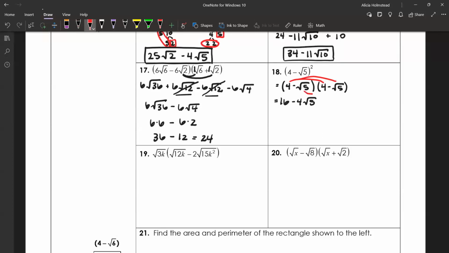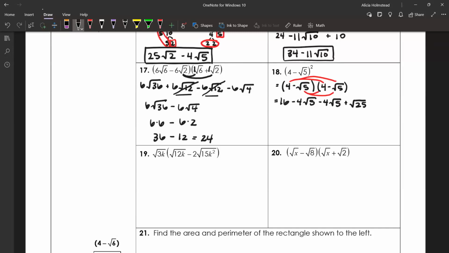And then we'll do negative square root of 5 times 4, which is going to be another negative 4 square root of 5. And then we'll do negative square root of 5 times negative square root of 5. Negative times negative is a positive. Square root of 5 times the square root of 5. Those are both insides, so we'll get the square root of 25.